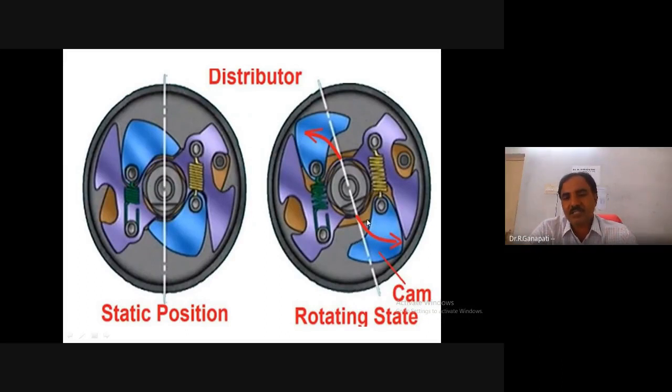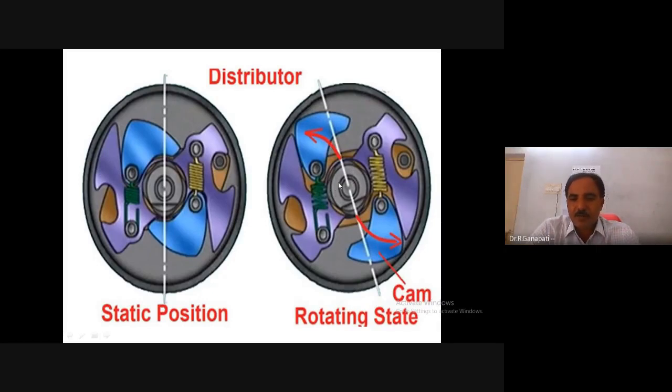Based on the engine speed, when the engine speed increases, the fly weights are also displaced. They are slightly displaced and change their position. When it changes its position, it automatically changes the cross piece position also, due to the centrifugal action.